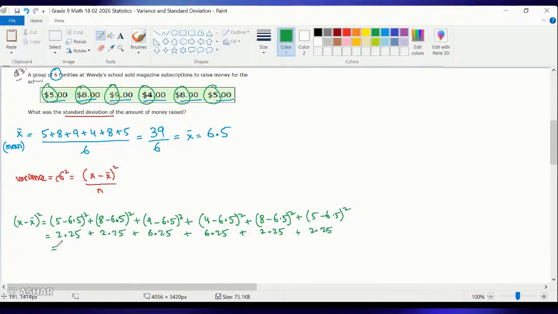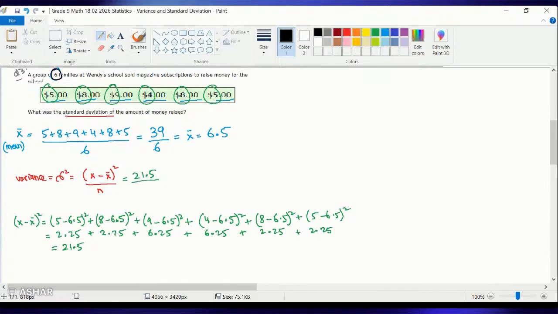That means the answer comes out to be 2.25 plus 2.25, 6.25, 6.25, 2.25, and 2.25. Finally, it comes out to be 21.5.